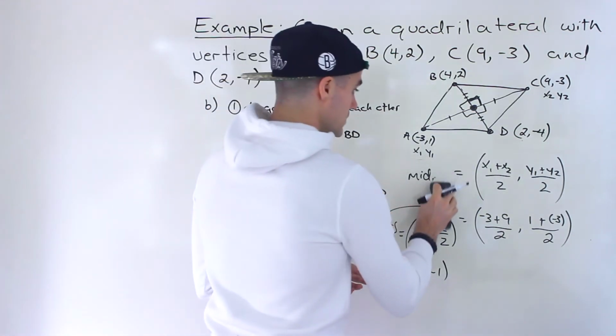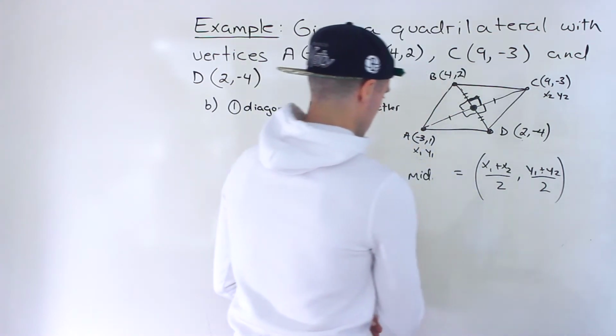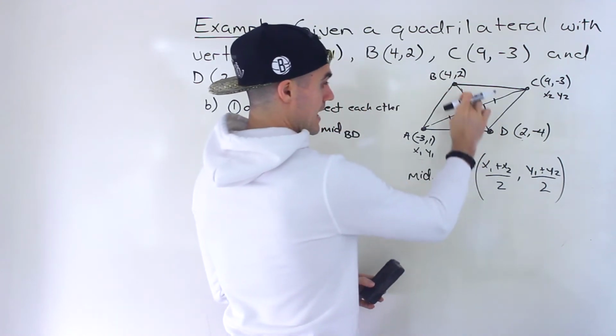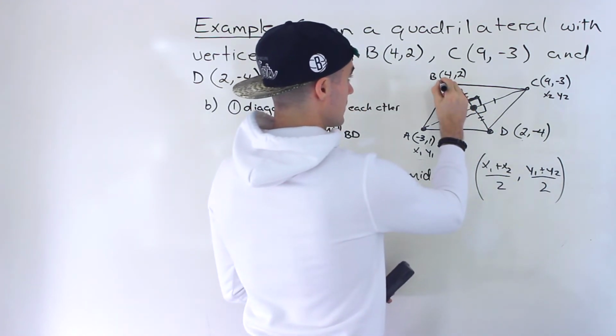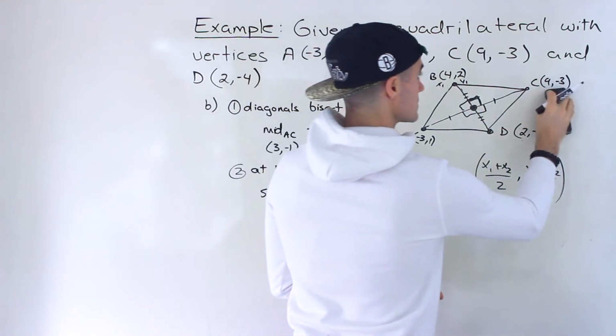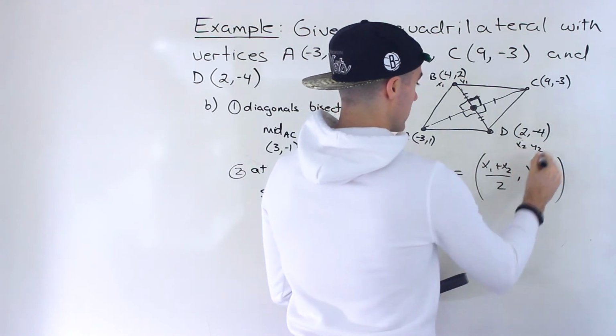Now let's find out what the midpoint of BD is. What's the midpoint of this diagonal going to be? Well, let's label this x1, y1. Let's actually erase these not to confuse ourselves. So we got x1, y1 here. We'll label this as x2, y2.